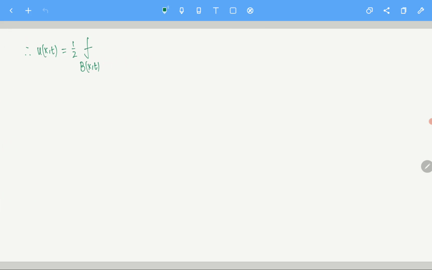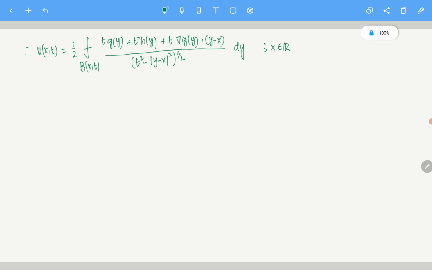So this is t g of y plus t square h of y plus t gradient g of y dot y minus x, by t square minus |y minus x| square whole power half dy. Clear? So this holds for x in R2 and t of course positive.